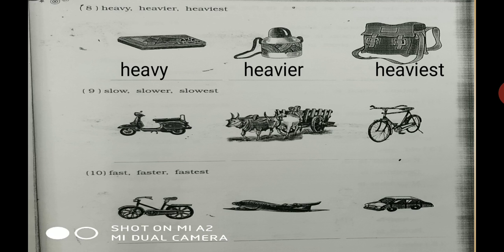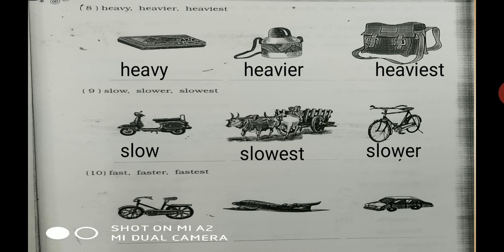We have understood the bullock cart is the slowest. Now between scooter and cycle, which is slower? Of course cycle. So cycle is slower and scooter is slow. So what will be the answer? Scooter is slow, cycle is slower and bullock cart is slowest. Understand?